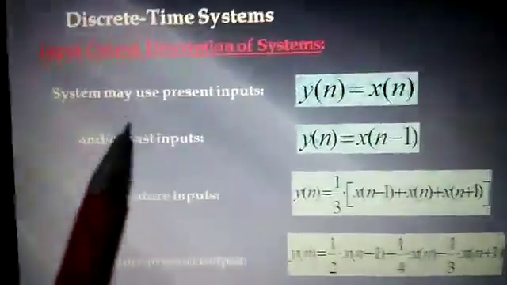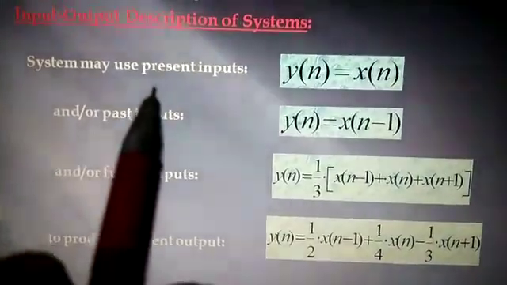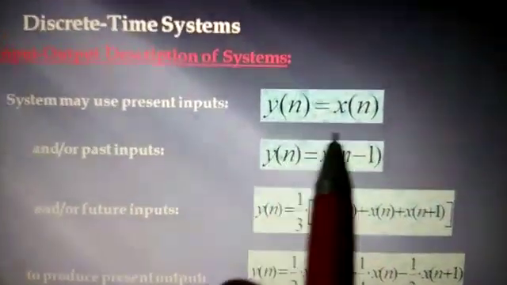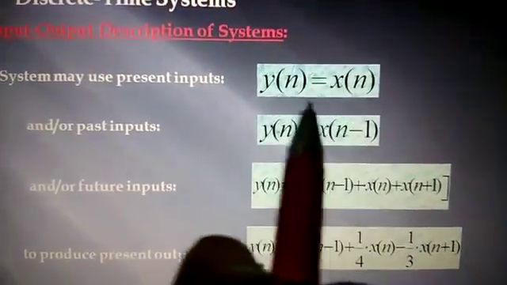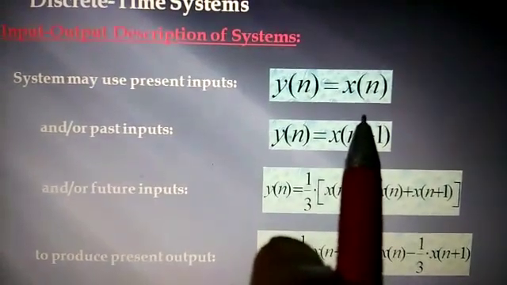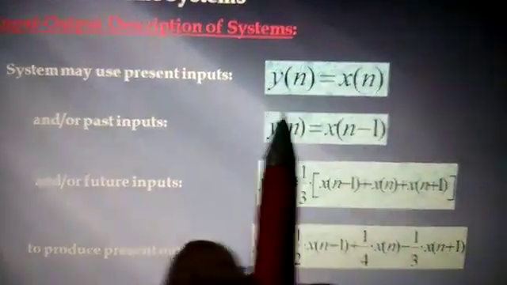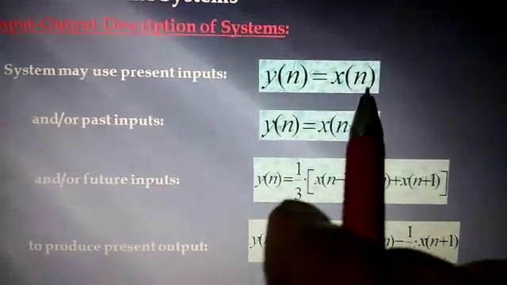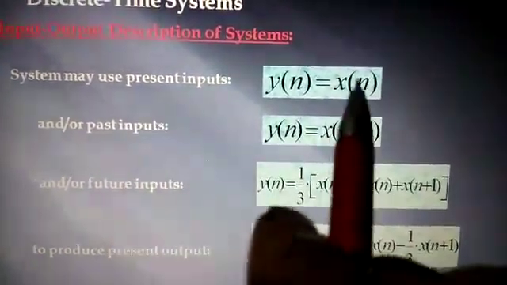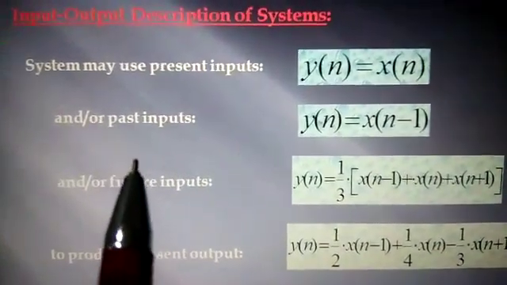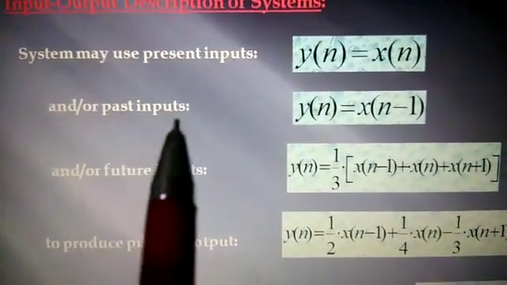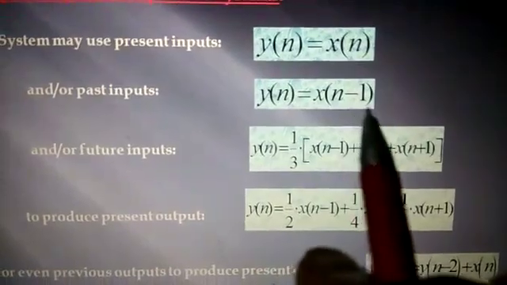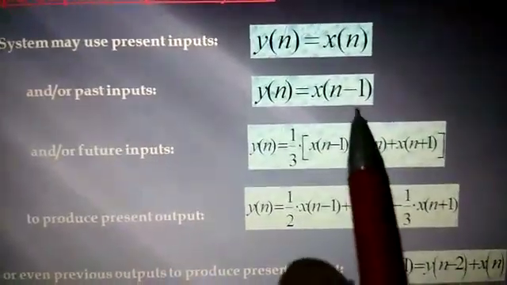Again, some relations. Systems may use present inputs, that is depending on x of n only. This is y of n is equal to x of n. Any relation which uses y of n having the value of x of n is called a present input. Then there are past inputs, x of n minus 1, x of n minus 2, x of n minus 3.